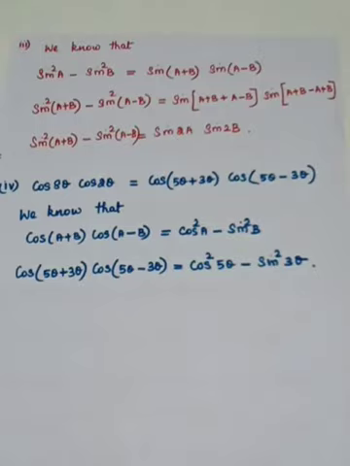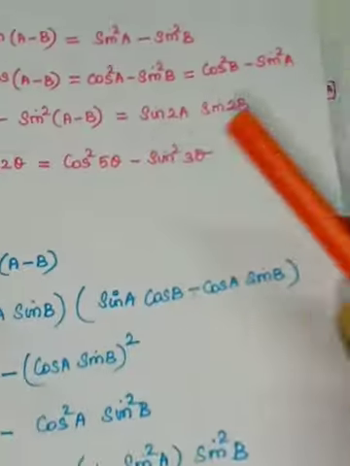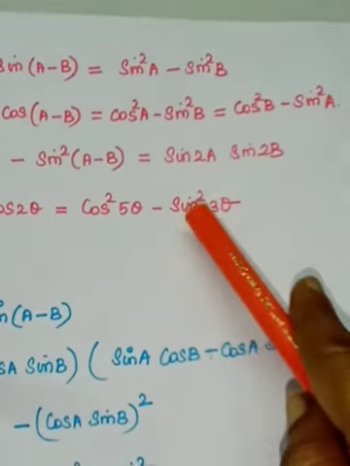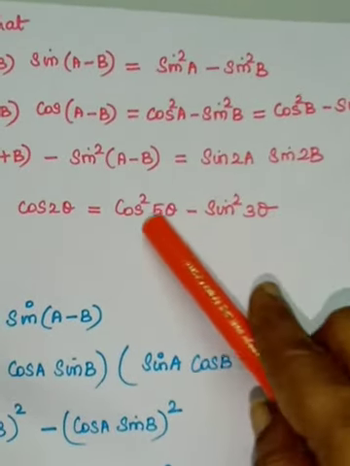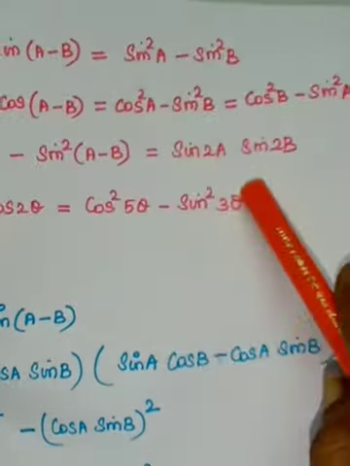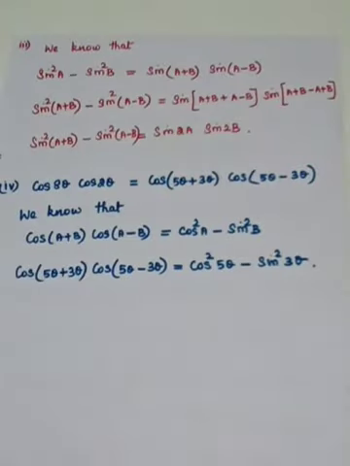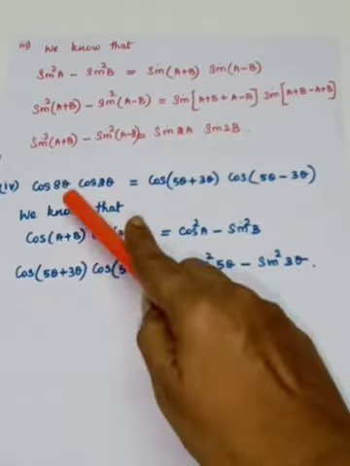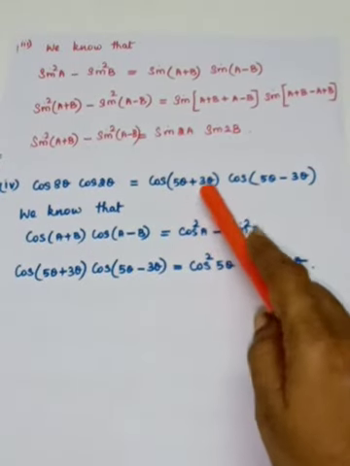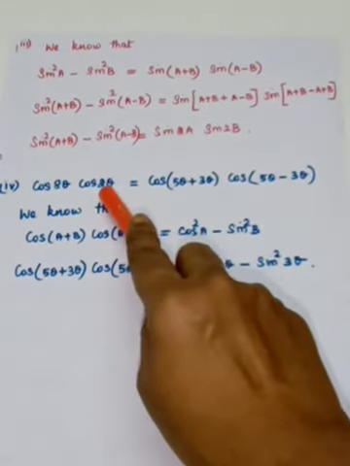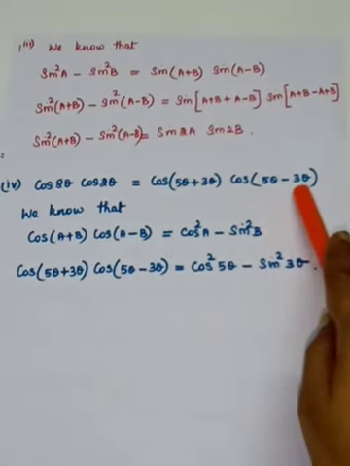What is the result you have to prove? It is cos squared 5 theta minus sin squared 3 theta. What angles are used here? 5 theta and 3 theta. So we have to use those angles, and this 8 theta can be written as 5 theta plus 3 theta. And 2 theta can be written as 5 theta minus 3 theta.